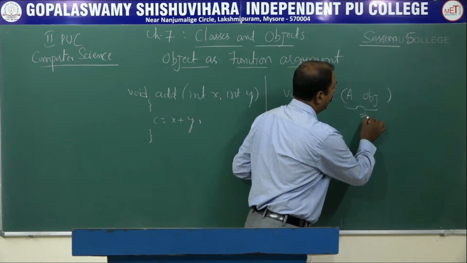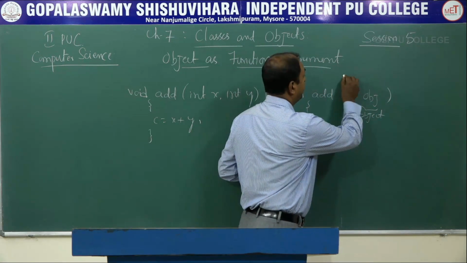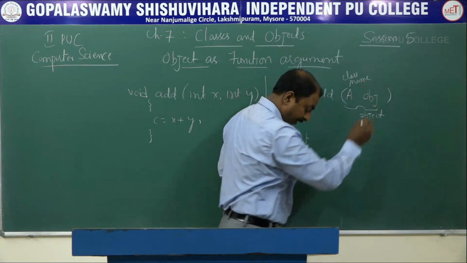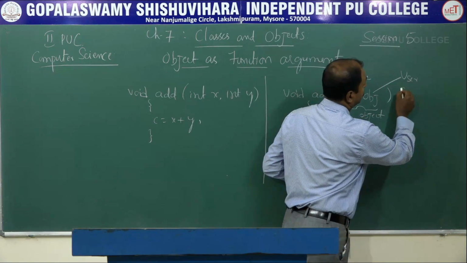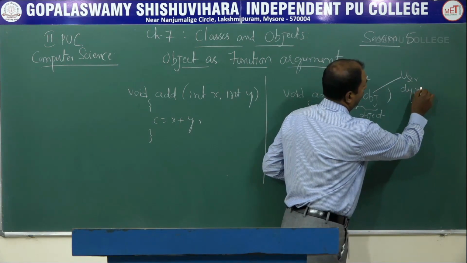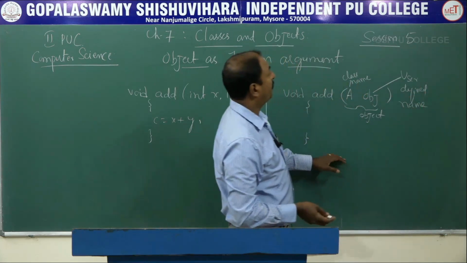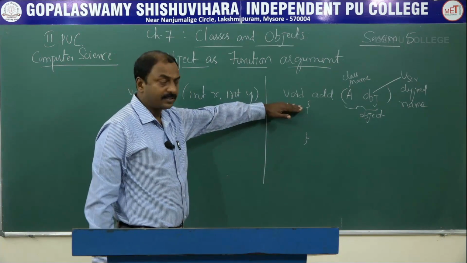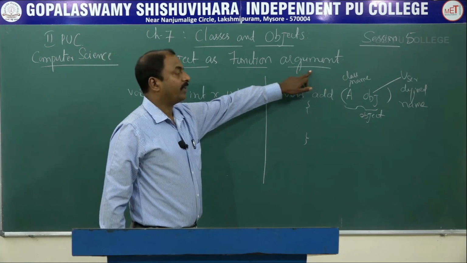This is the class name, and this is the object name, a user-defined name. So if you write a function definition like this, this is the concept of object as a function argument.